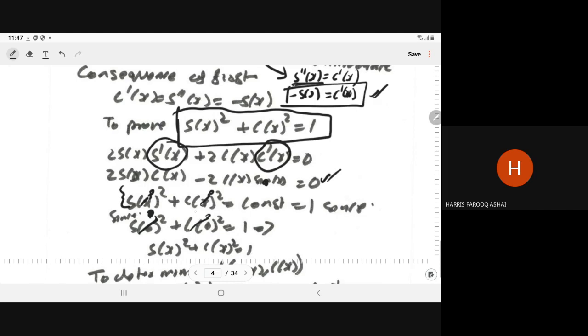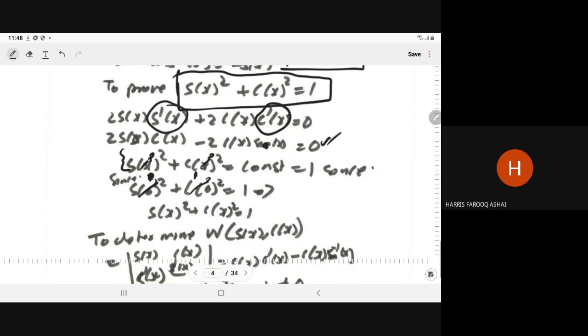S0 is 0. C0 is 1. So the constant is equal to 1. So we have s square plus c square is equal to 1. Here we have the analogy to sin square plus cos square is equal to 1. Clear?